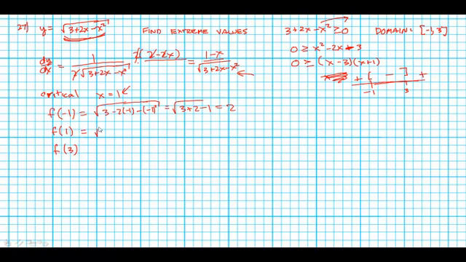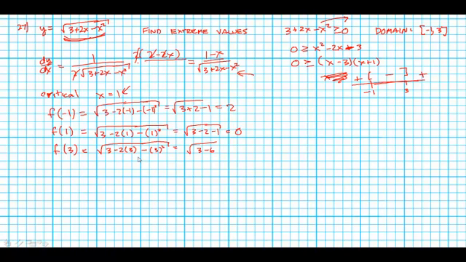When x is equal to 1, we get 3 minus 2 times 1 minus 1 squared, which is equal to the square root of 3 minus 2 minus 1, and that is equal to 0. And then when x is 3, we get 3 minus 2 times 3 minus 3 squared, which is the square root of 3 minus 6.